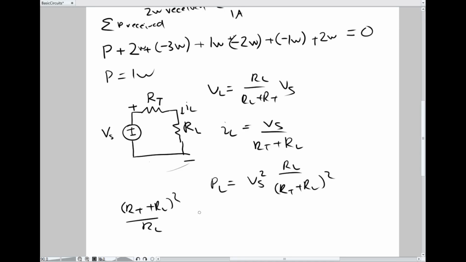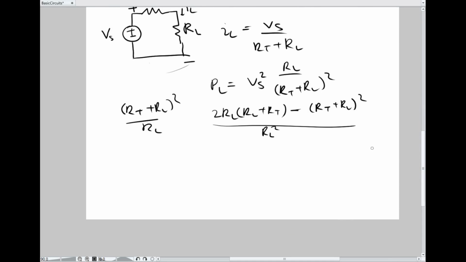So we'll take derivative with respect to RL, and that's low d high minus high d low divided by low squared. And I want to set that equal to 0. We presume that this is not going to be where the minimum is, because that makes the power 0.